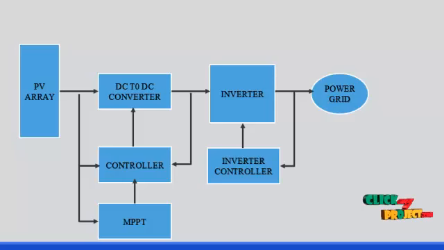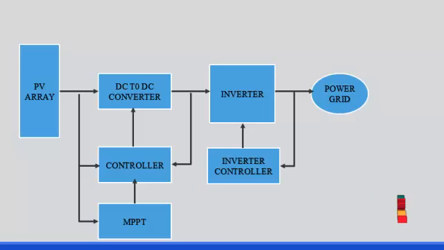Then the DC to DC converter boosts the voltage level from the solar output to the DC converter output. Then that voltage is fed into the inverter circuit, which performs DC to AC conversion. The inverter consists of 3 legs, each leg having 2 switches, and totally 6 power electronic switches are connected in the inverter circuit.